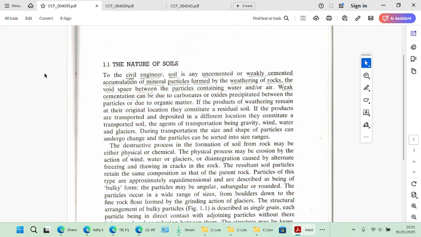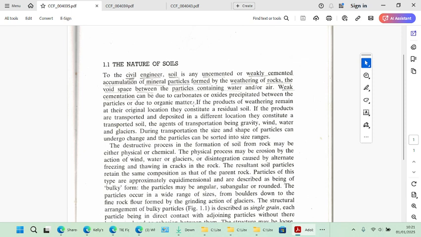To the civil engineer, soil is an uncemented or weakly cemented accumulation of material particles formed by the weathering of rocks, the void space between the particles containing water and/or air. Weak cementation can be due to carbonates or oxides precipitated between the particles or due to organic matter.